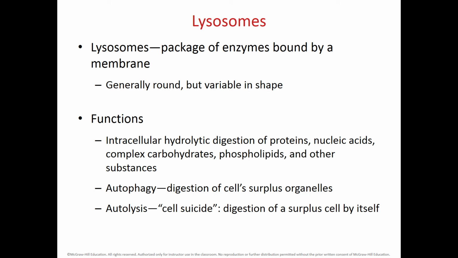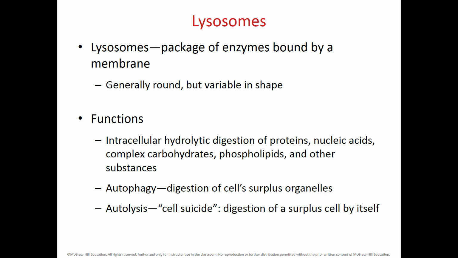So the function of the lysosomes is to have enzymes that can digest proteins through a hydrolytic process, and also they can help to digest nucleic acids, complex carbohydrates, phospholipids, and other substances.